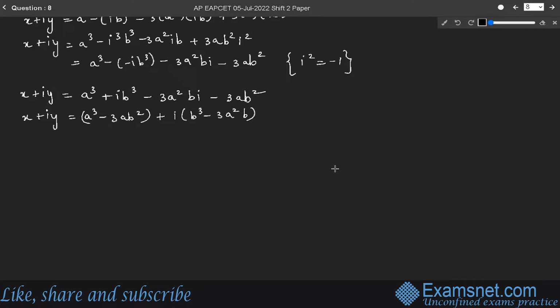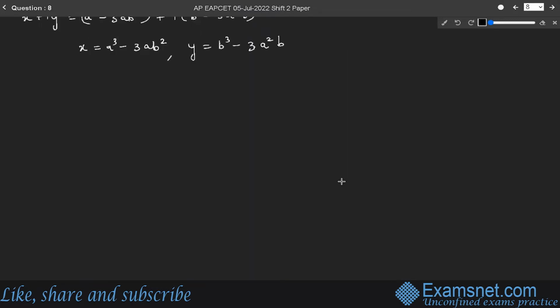You can see that the left hand side is also in the form x plus iy and the right hand side is also in the form x plus iy. So we can say that x is equal to a cube minus 3ab square, and we can also say that y is equal to b cube minus 3a square b.